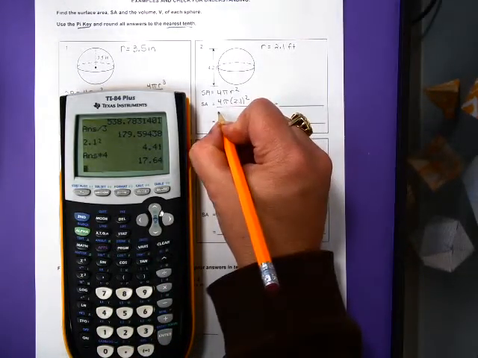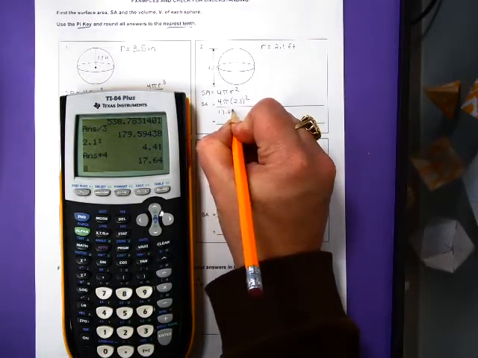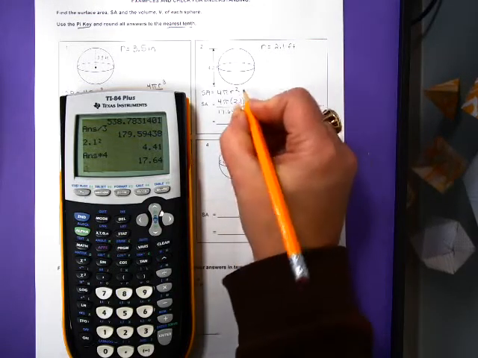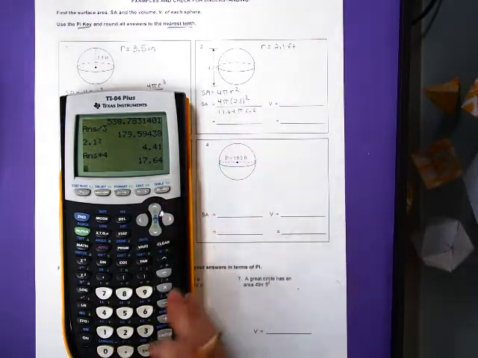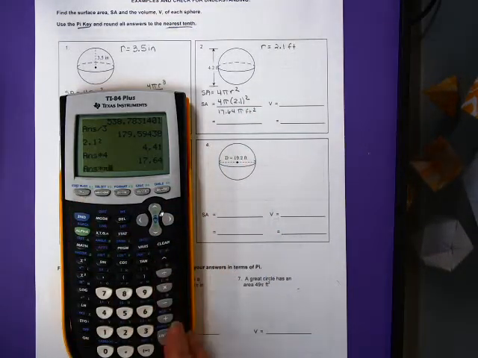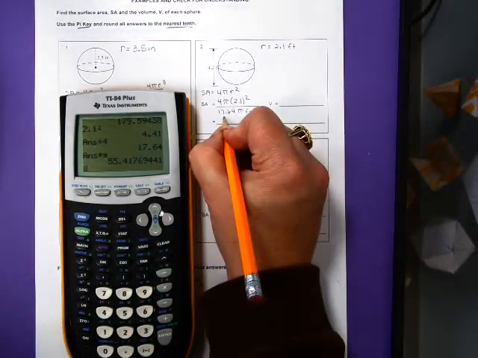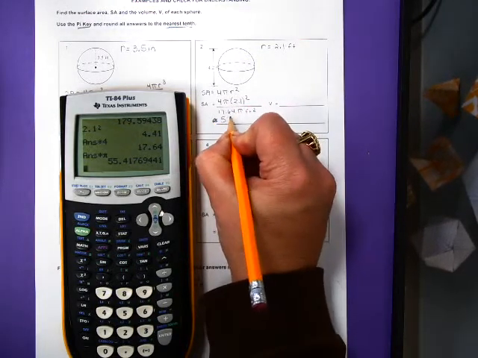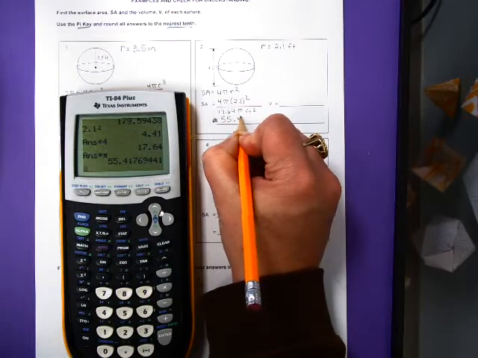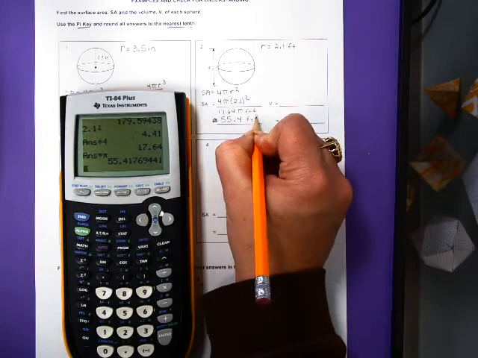That's going to be 17.64 pi feet squared. That's considered to be my exact answer. Now multiply it by pi in your calculator, and you get about, remember to change these to squigglies, 55.4 feet squared.